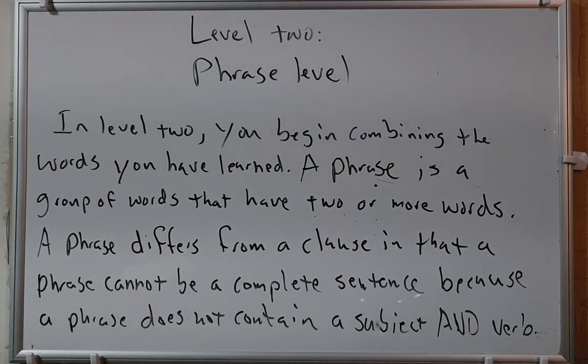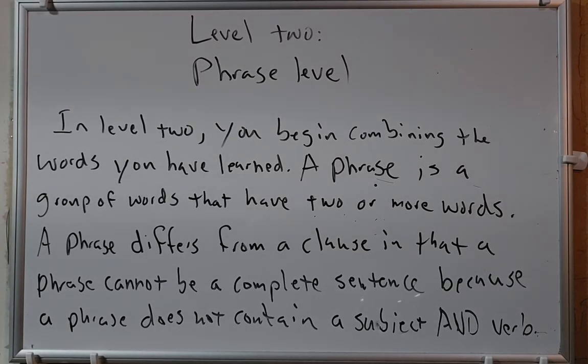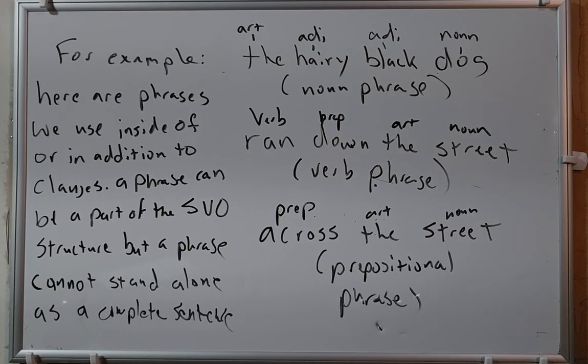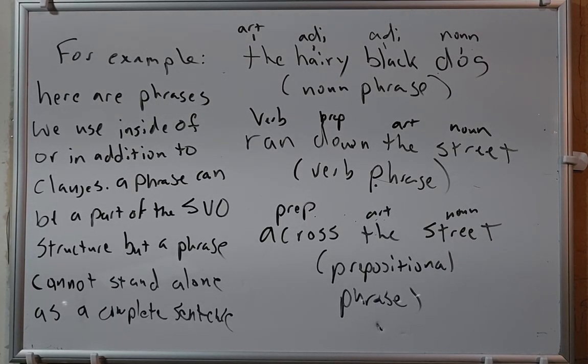It may have one or the other, but a phrase cannot have both a subject and a verb. For example, here are phrases we use inside or in addition to clauses. A phrase can be a part of the subject-verb-object structure, but a phrase cannot stand alone as a complete sentence.